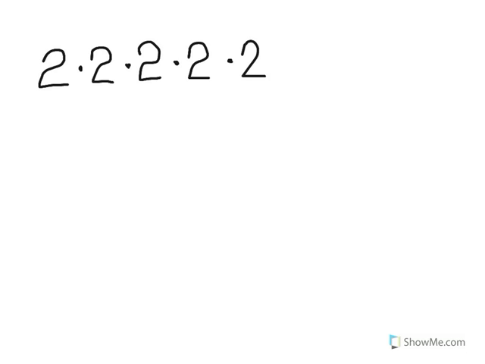Next, let's just talk about exponents, the purpose of exponents, and what it means to be an exponent. At some point in the history of mankind, someone got tired of writing the same number being multiplied times itself. Here we have 2 times 2 times 2 times 2 times 2. Someone decided, instead of writing that 5 times, let's just write the 2 one time, and that 2 is called a base.